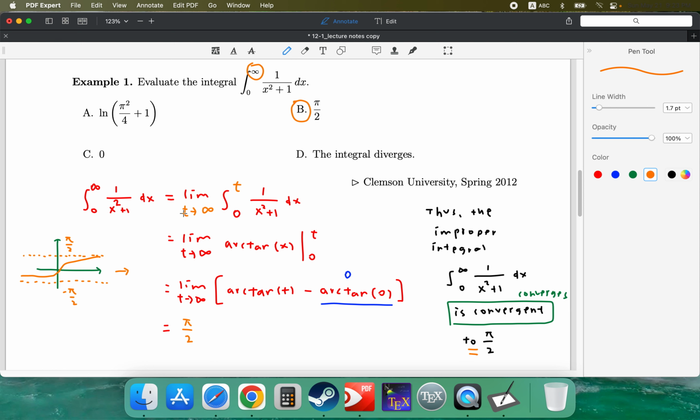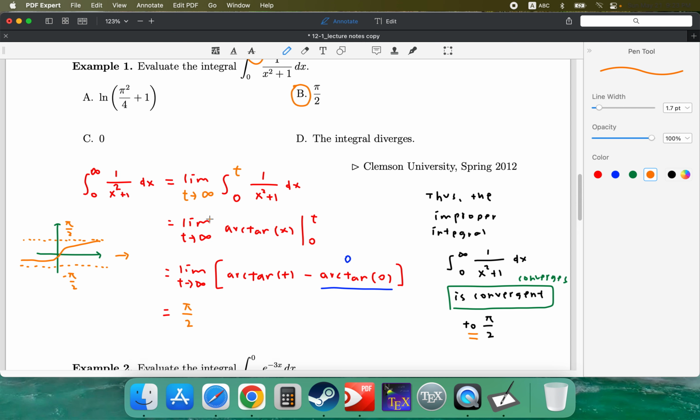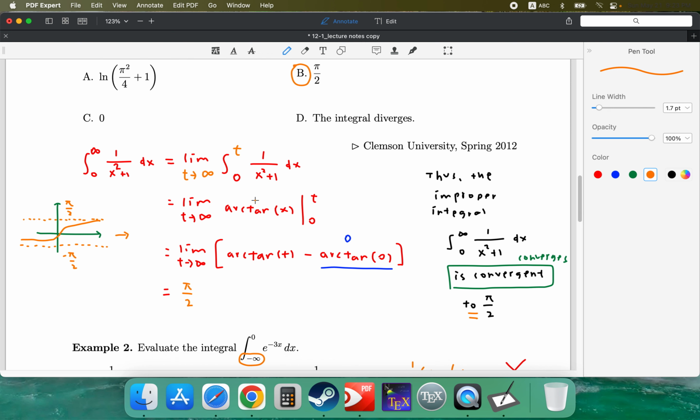So please make sure that for improper integrals, the first step is always to rewrite the integral using limits. Then you integrate as you used to do, and eventually you will need to take the limit.